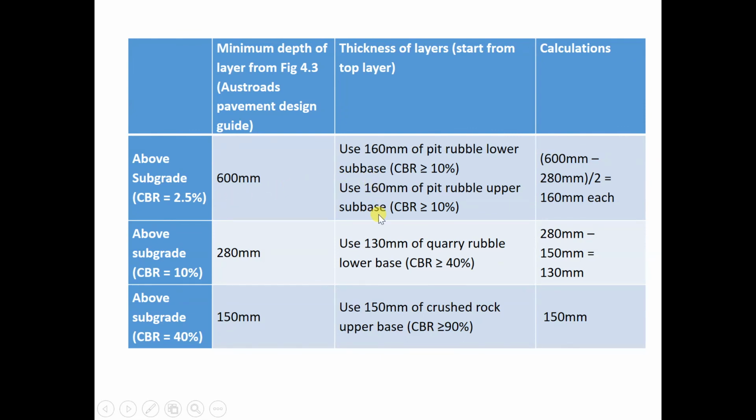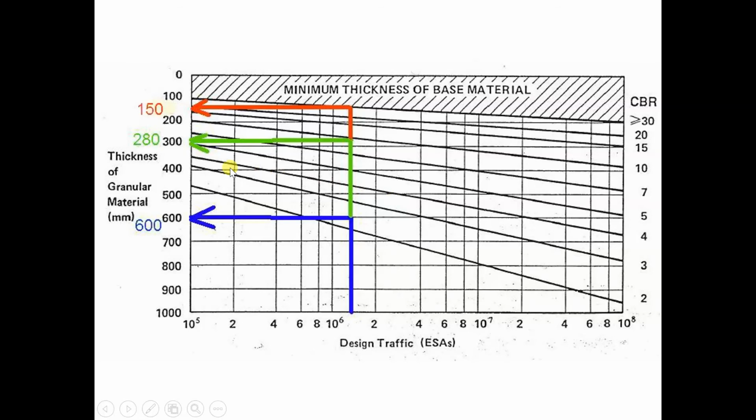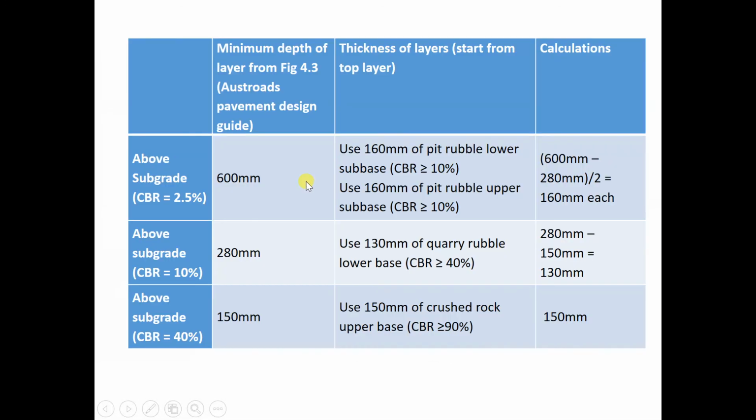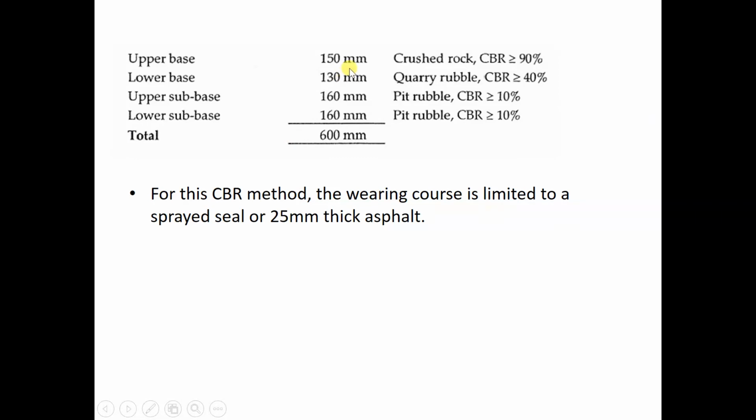For the sub base, the total thickness is 600 above the subgrade of 2.5%. So 600, you have to take away the 280, which is comprised of the lower base and upper base. So 600 minus 280 is 320.